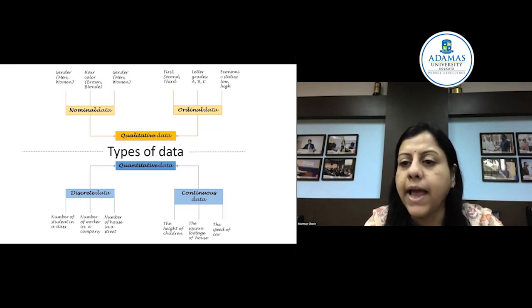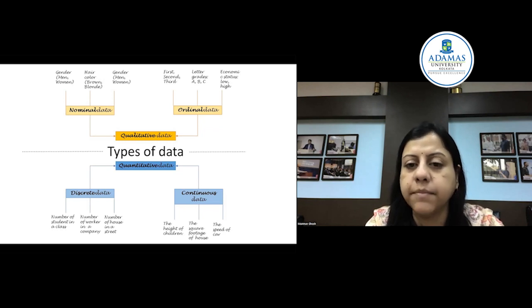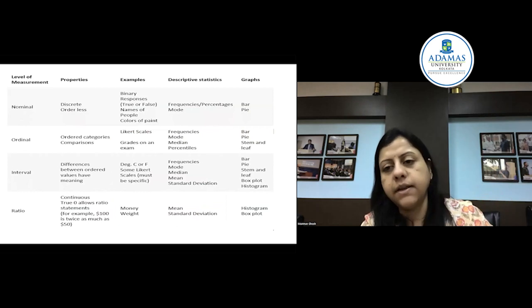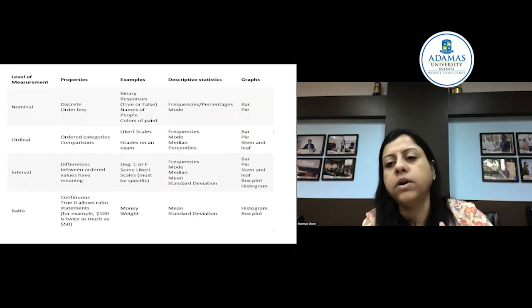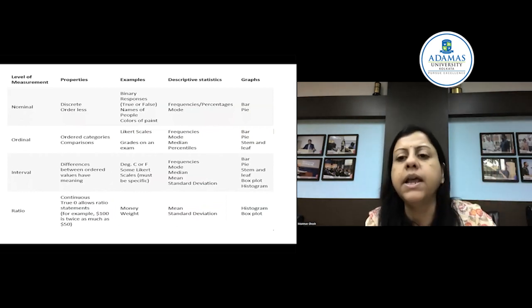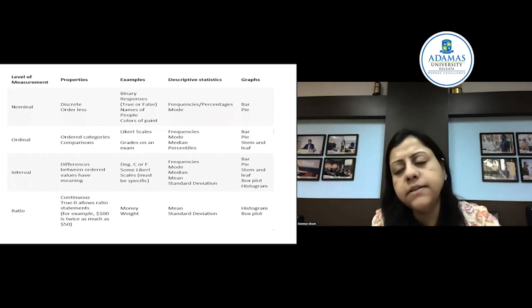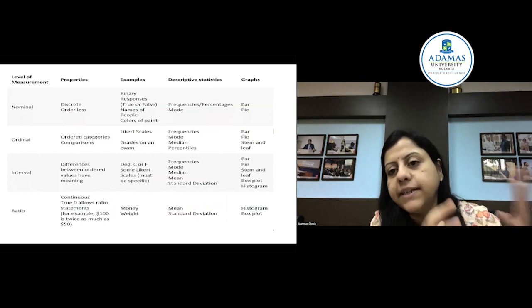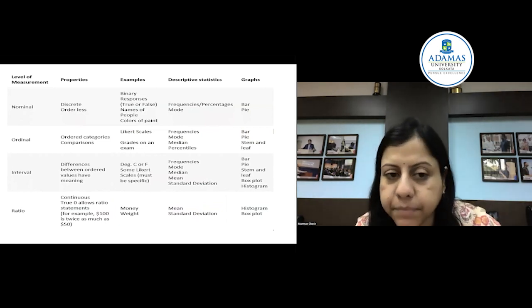So this is how the data divisions and measures have been made. We have 4 measures: nominal and ordinal, which are primarily the qualitative measures, and interval and ratio, which are quantitative measures, where discrete and continuous types of data come into the picture.